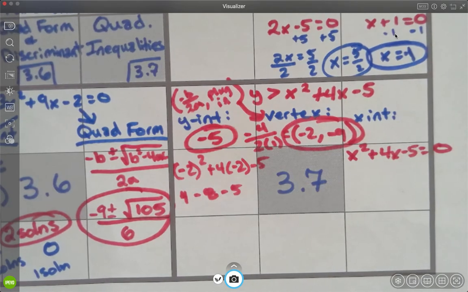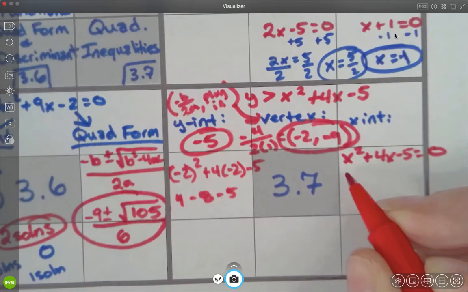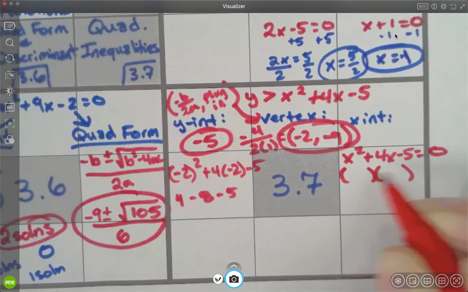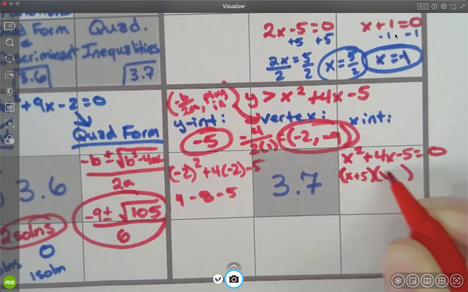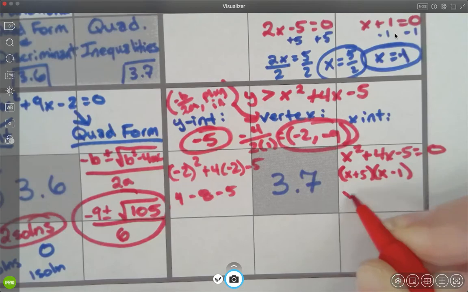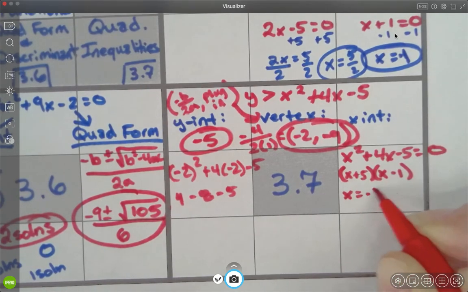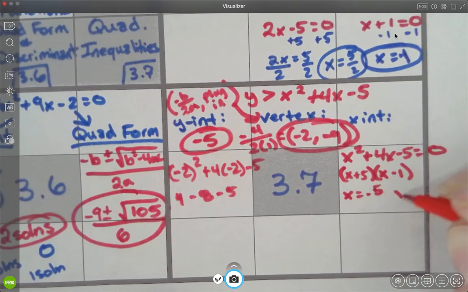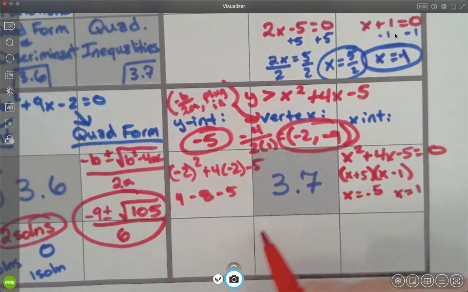Factoring. It's a simple trinomial. Can you multiply two numbers to get -5 that add to 4? Yes, 5 and 1: x plus 5, x minus 1. So x equals -5 and x equals 1. Okay, so let's graph this here.